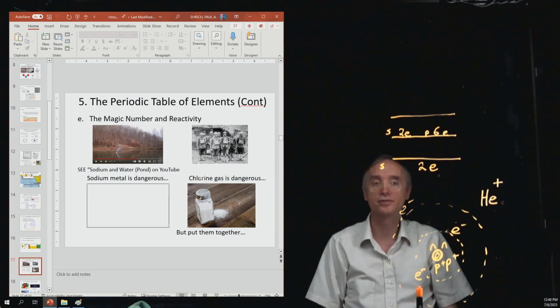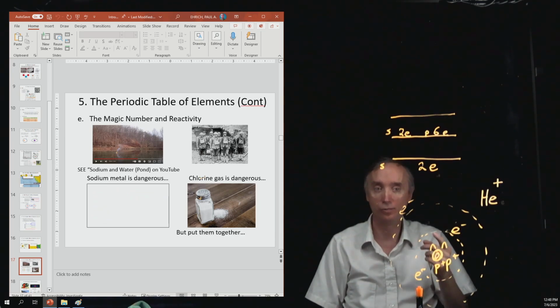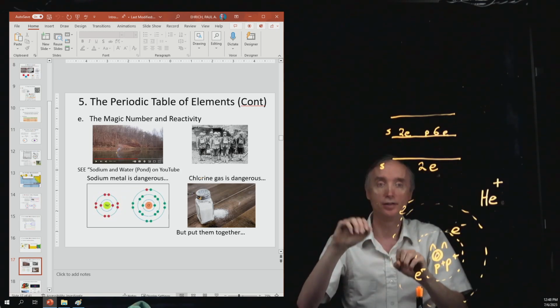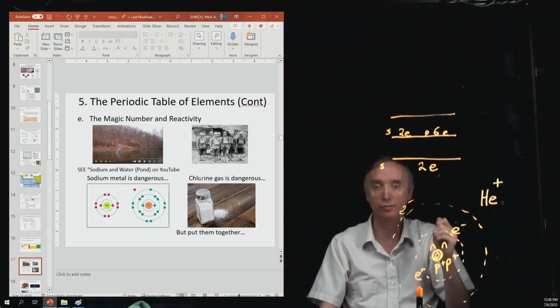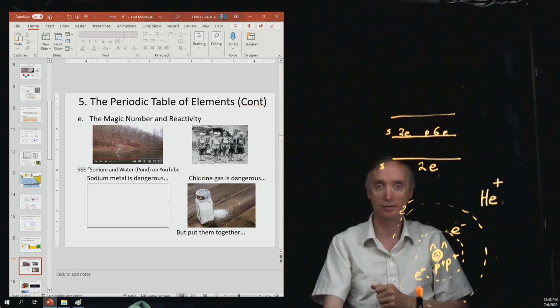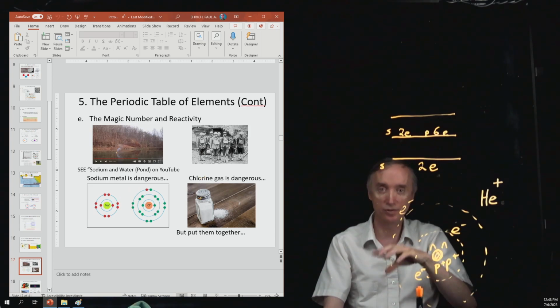Okay, and so it wants to get to 8. So it could give away 1 electron or it could grab 7. It turns out it's very easy for sodium to get rid of that 1 electron. It's highly reactive. So you saw the video of what happens when you put sodium into water.